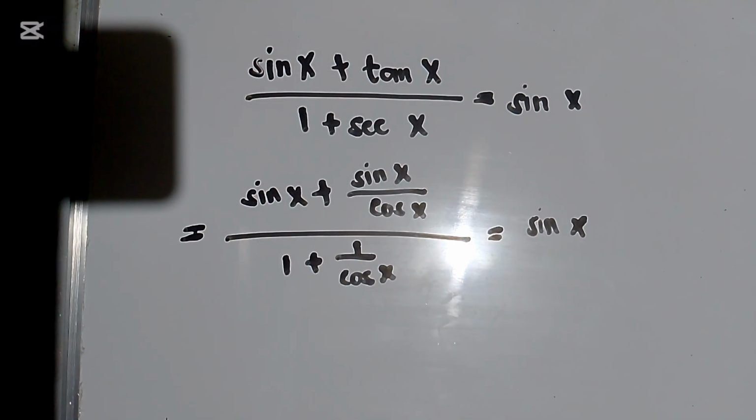Now, let's proceed to the second step. We're going to get the least common denominator. The least common denominator of both the numerator and denominator is cos x.